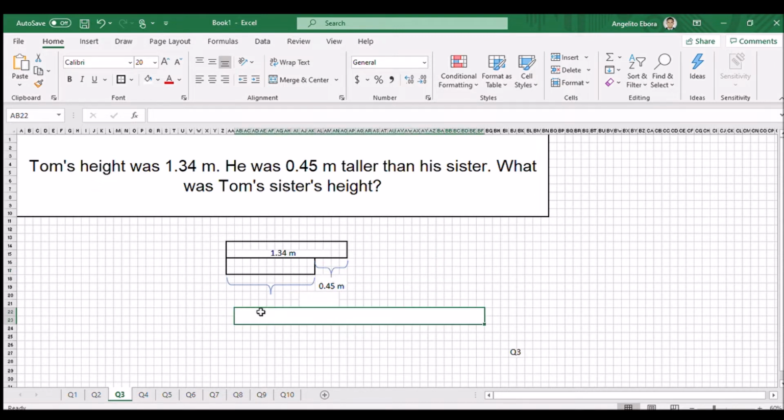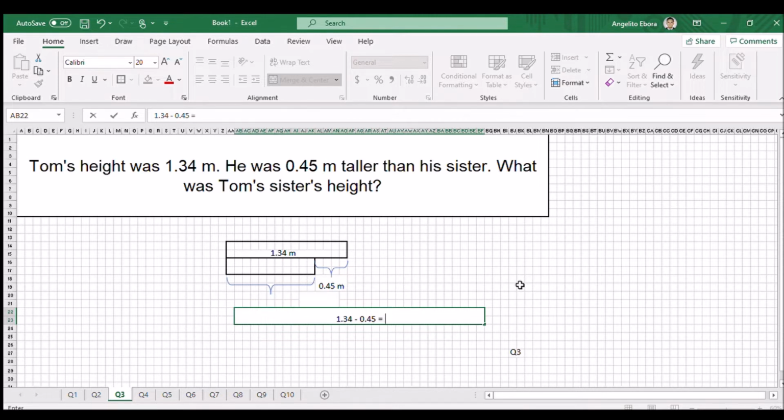So 1.34 minus 0.45 is equal to, I want to give you some time to answer. What do you think is the answer here? You have to do workings. Make sure when you subtract two numbers, you align the decimals.